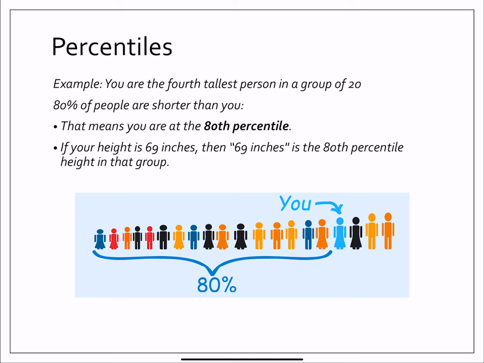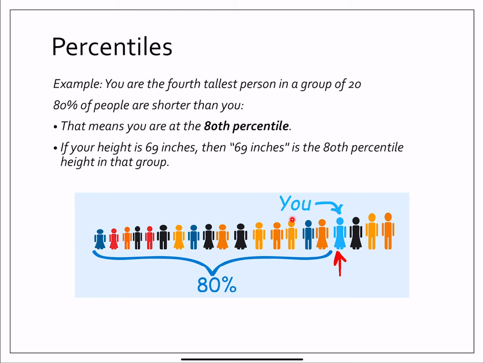In this example, this is you right here. You are fourth from the tallest in a group of 20 people. When we want to find the percentile, we want to find what percent of people are shorter than you. There are 20 people all together, and if we count, there's 1, 2, 3, 4, 5, 6, 7, 8, 9, 10, 11, 12, 13, 14, 15, 16 people, and then you.